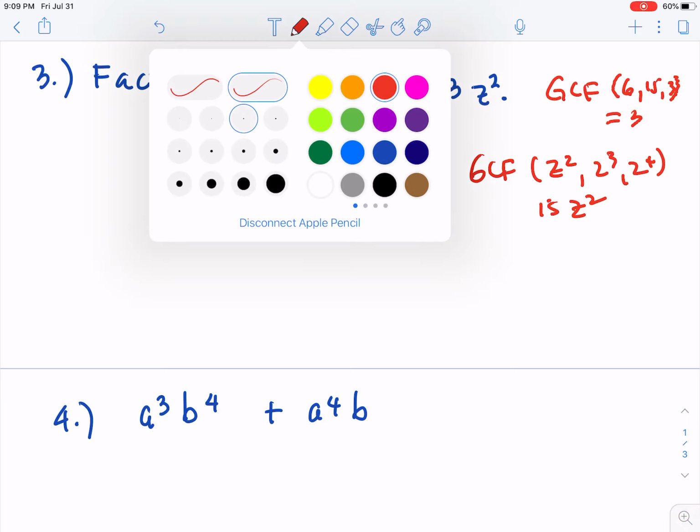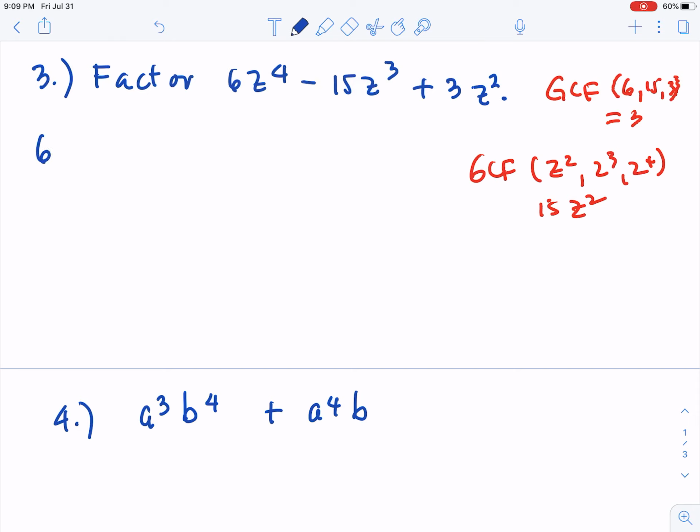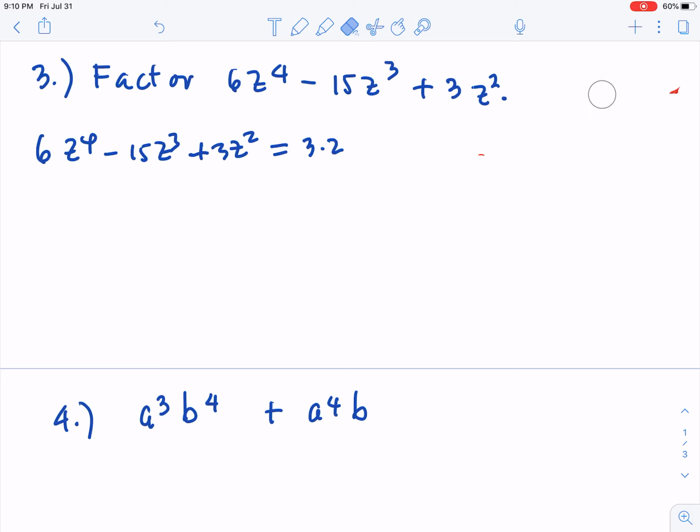Okay, so tingnan natin. We have 6. Dapat may 3, di ba? 6z to the 4th. Sulat muna natin yung given. Minus 15z cubed plus 3z squared. Dapat may 3 kasi 3 yung GCF natin. So, magiging 3 times 2, z squared tsaka 3, di ba? 3 times 2 times z squared. Meron pang isa kasi z cubed. So, times z. And then we have a minus. 3 is a GCF.